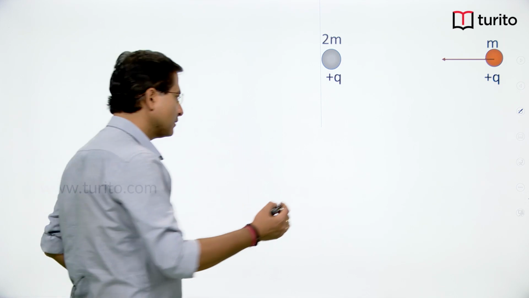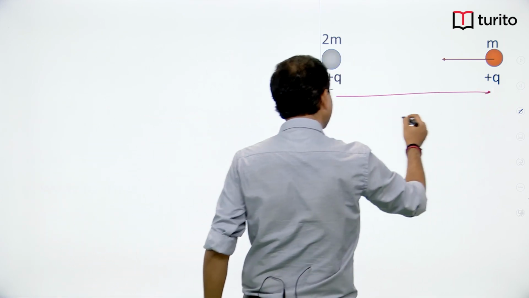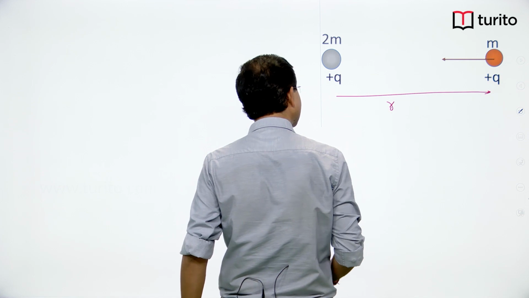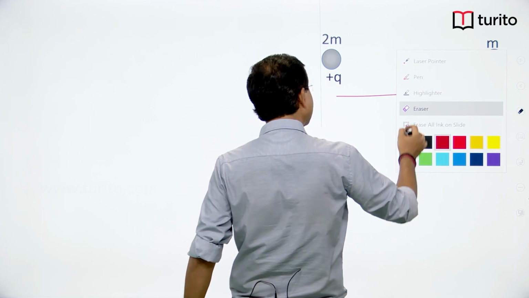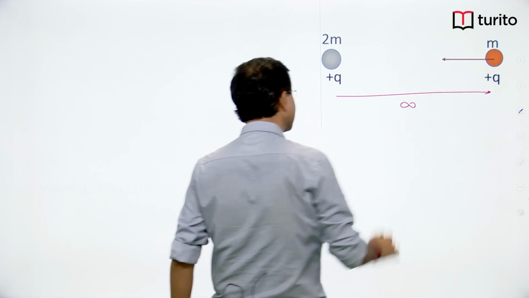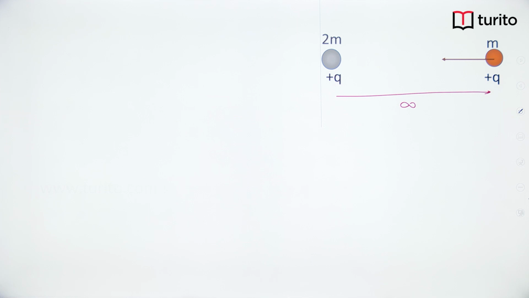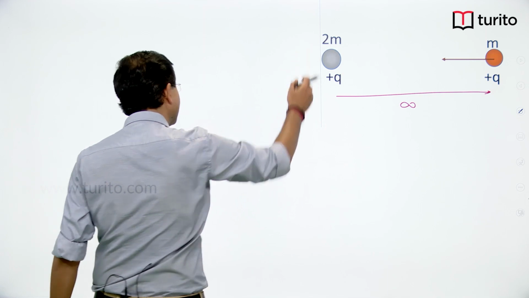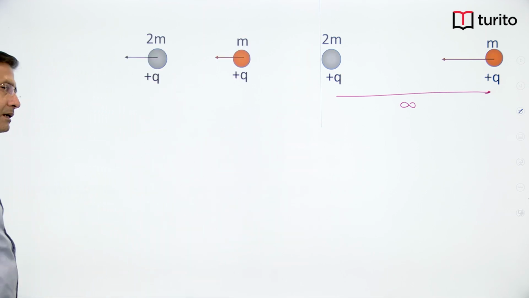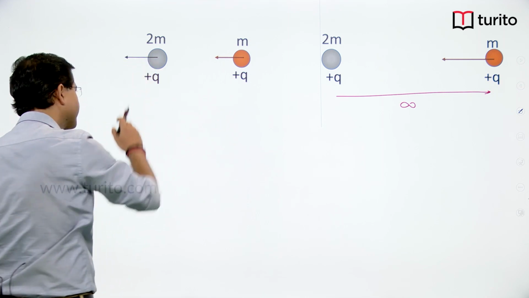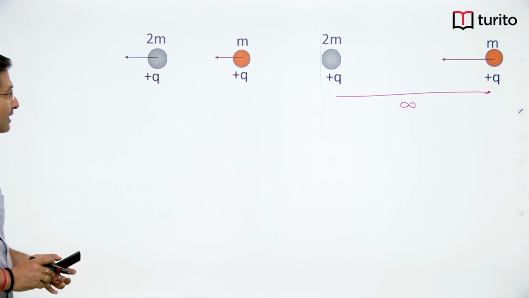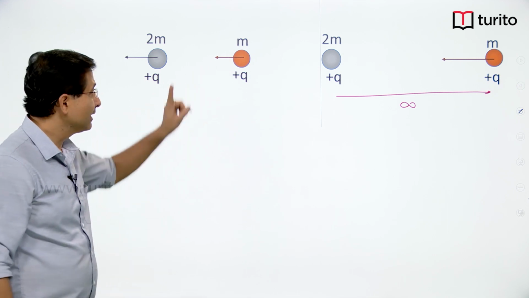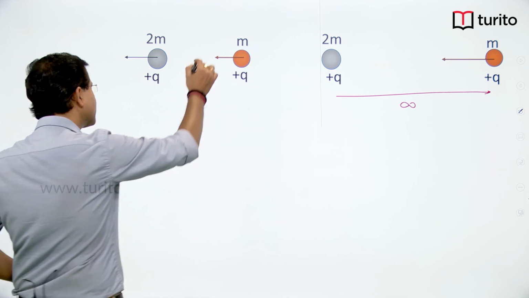You have projected the second particle when the separation between them was infinity. As it is free to move, this will also move. After some time they both will have some velocity. The separation between them will be minimum when their relative velocity will be 0. Their relative velocity being 0 means they will have the same velocity.